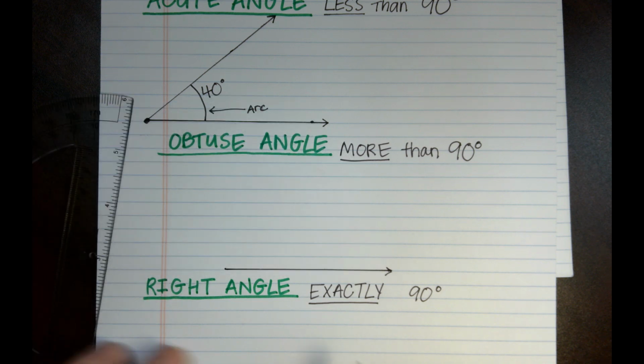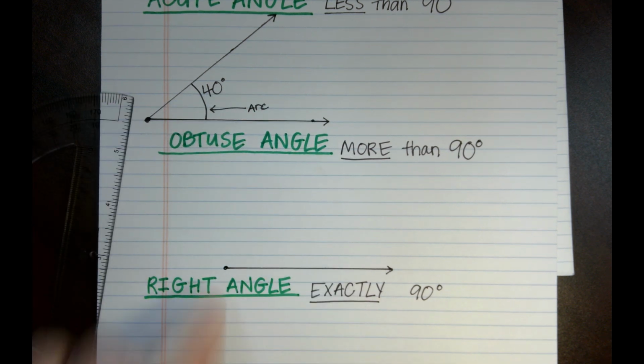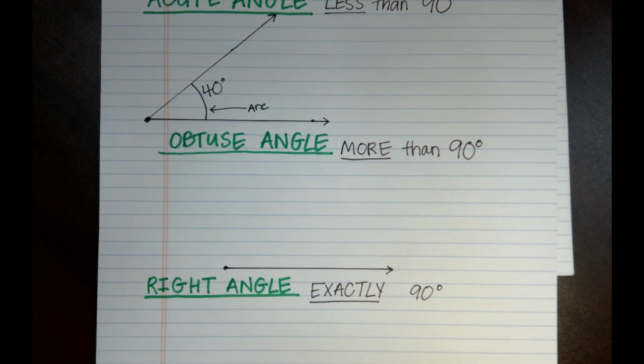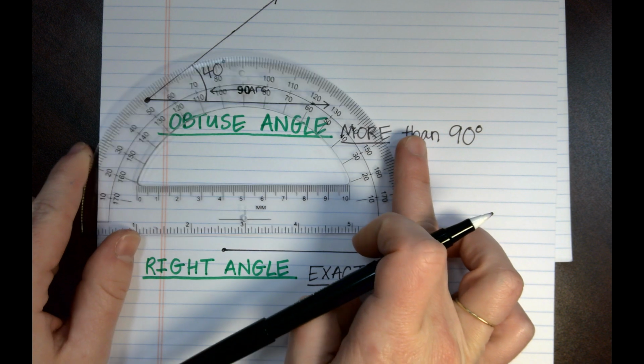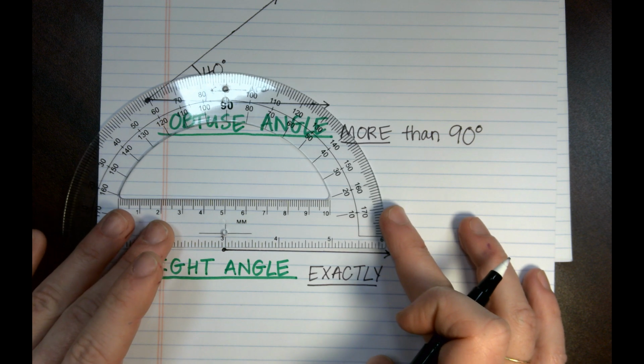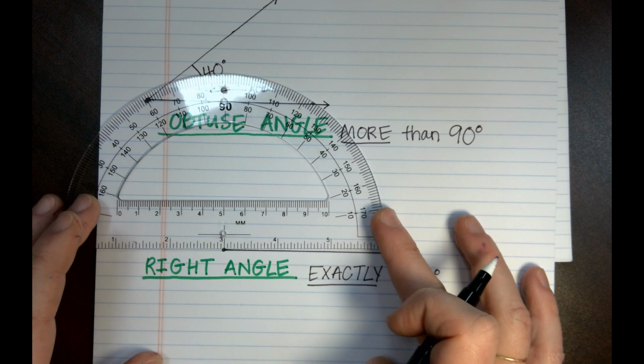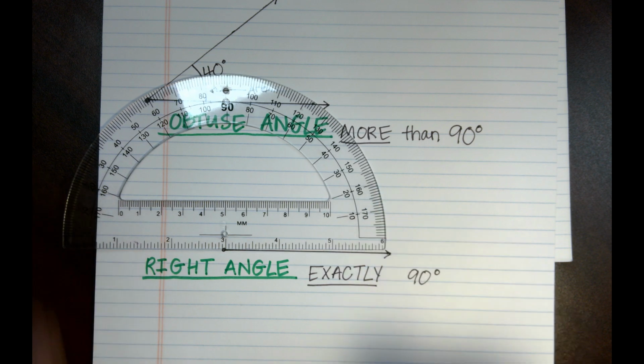Okay. So once you have your ray drawn, this is where we have to be careful about figuring out what that angle is going to look like. Because what some students might do is this. Is this the correct way to line up my protractor? No, it should be on a dot.